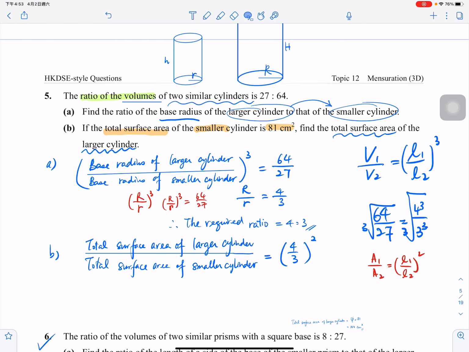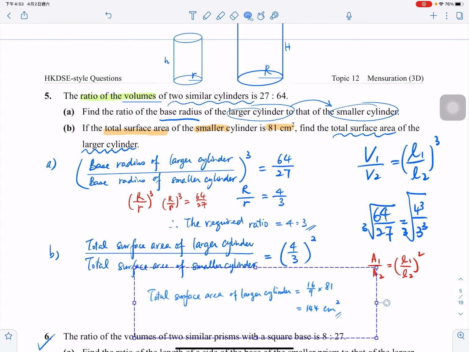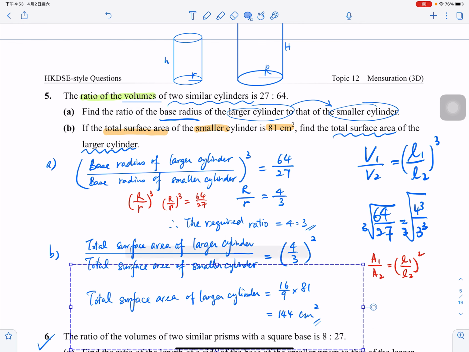So at the end, substitute all the information that's given. You know the smaller one is 81. So this one times 81. So 16 over 9 times 81 will be the total surface area of the larger cylinder. As a result, 144 cm square is the answer.